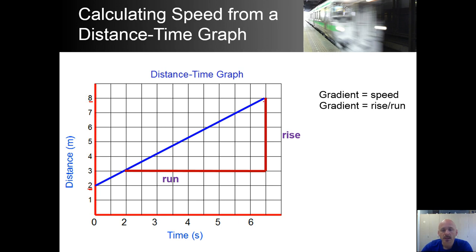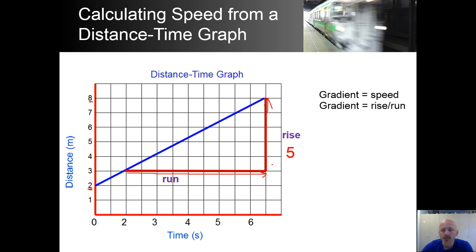So there's our triangle, there's the rise. How much does this go up? The run is how long it goes to the right. With this triangle, you can see we've got a rise of 5.